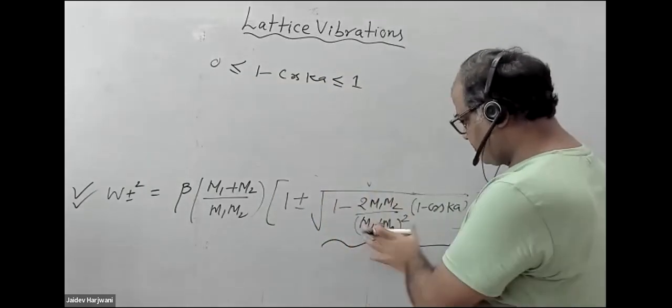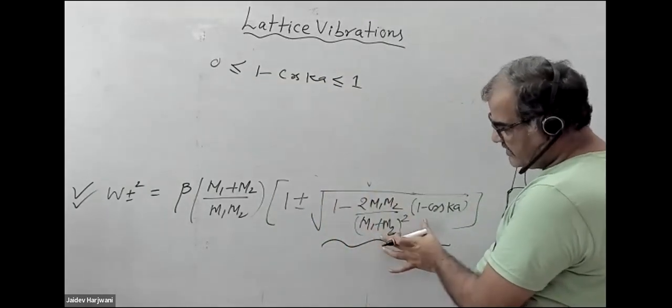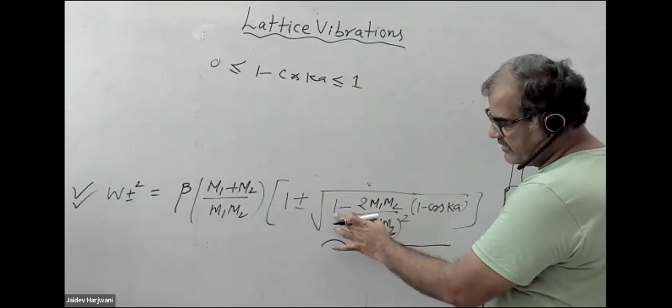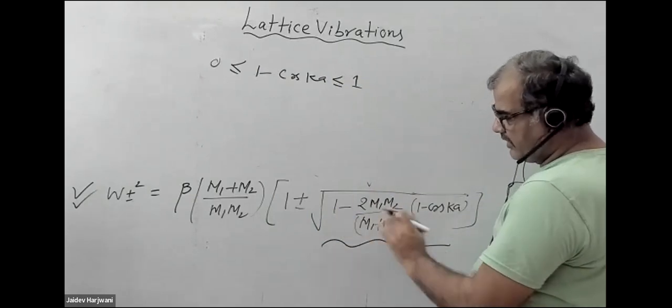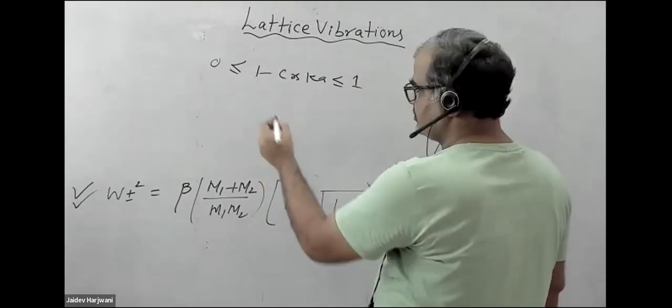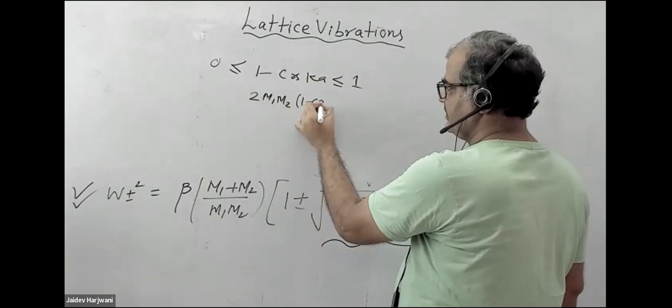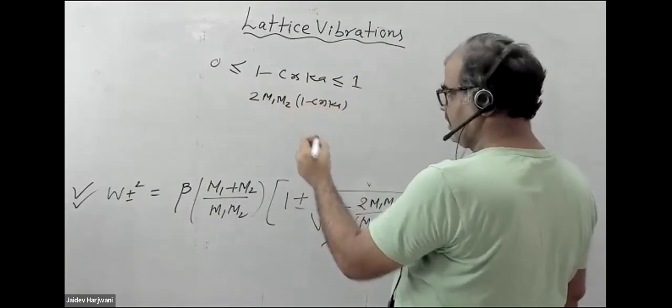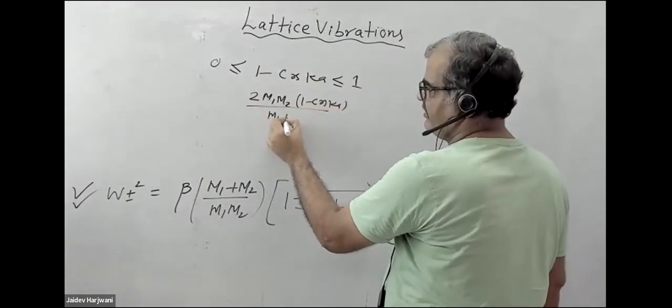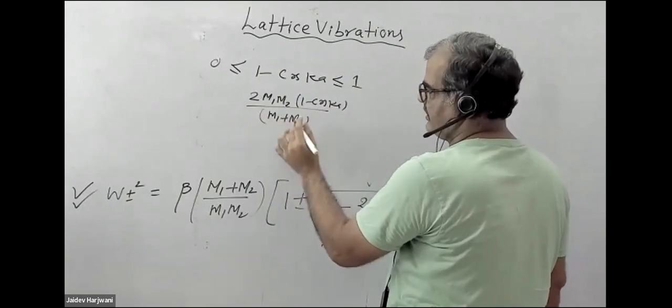Now let me discuss this factor. I have to show this factor is less than 1, then we will only get positive values. So now let me discuss 2 m1 m2 (1 minus cos ka) upon (m1 plus m2) square.